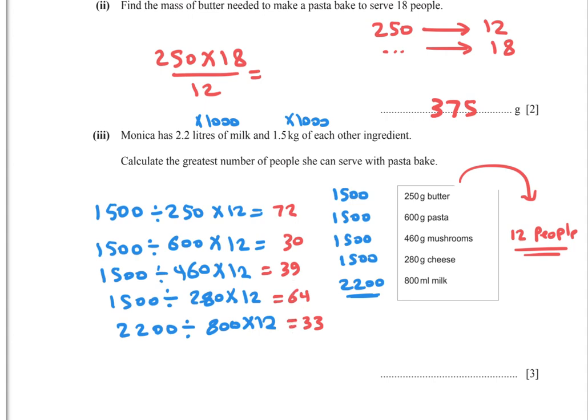So you need to choose the least number, which is 30, because then you are sure that you have enough ingredient from butter, mushrooms, cheese, and milk. So the greatest number of people she can serve with the pasta bake is 30.